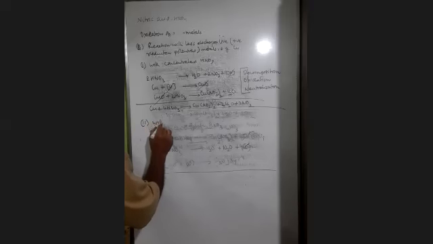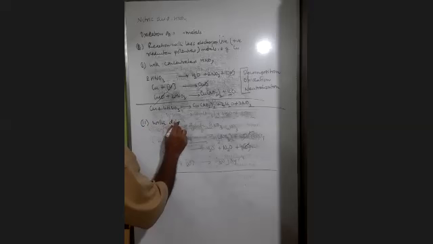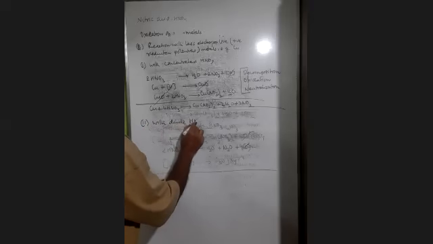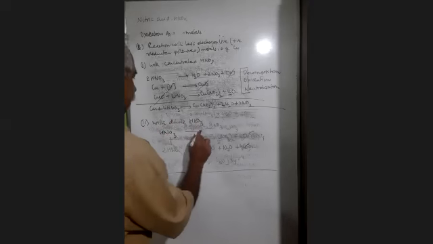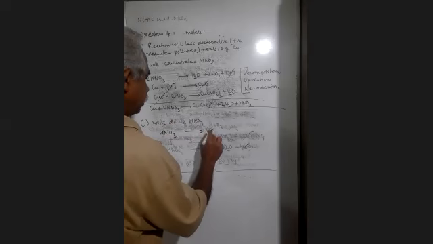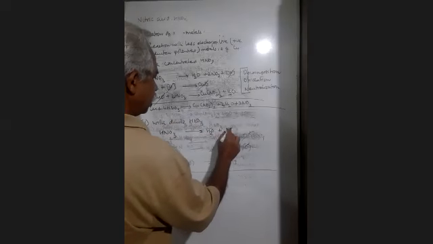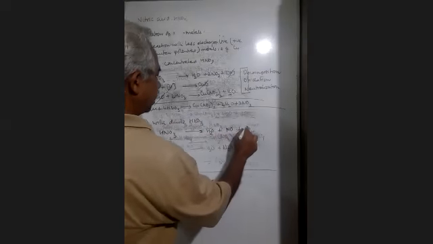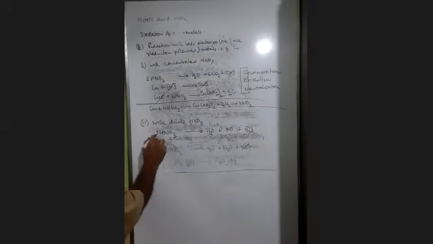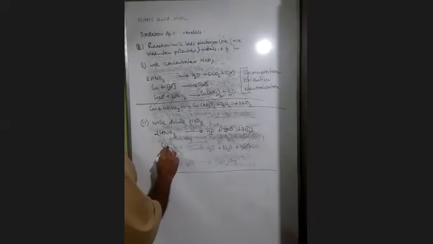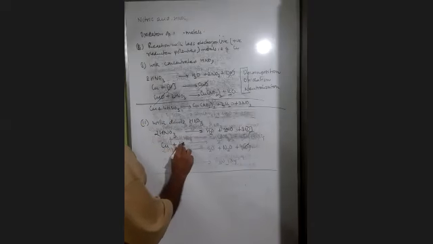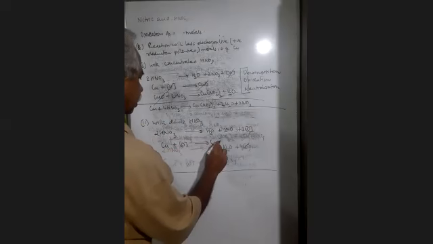With dilute HNO3. See, dilute, not hot. Dilute HNO3 gives you what? It gives you H2O, NO plus oxygen. So I'll write here 2 NO, it is 3. See here, copper plus oxygen gives you copper oxide.